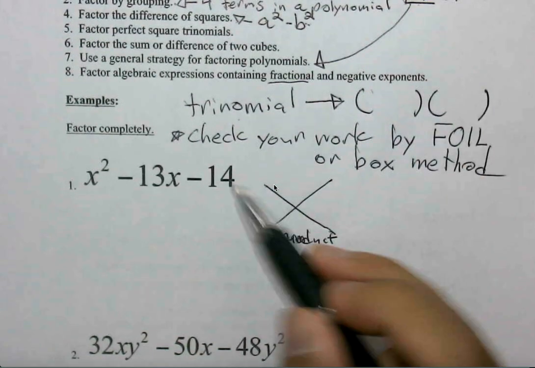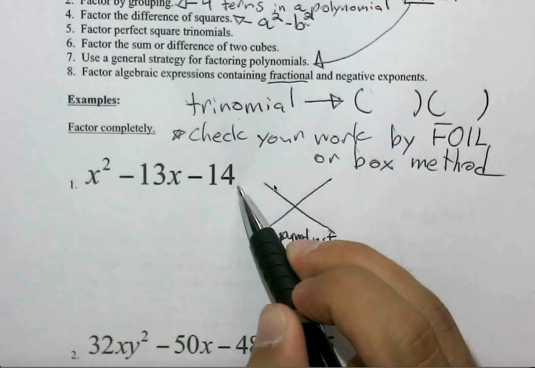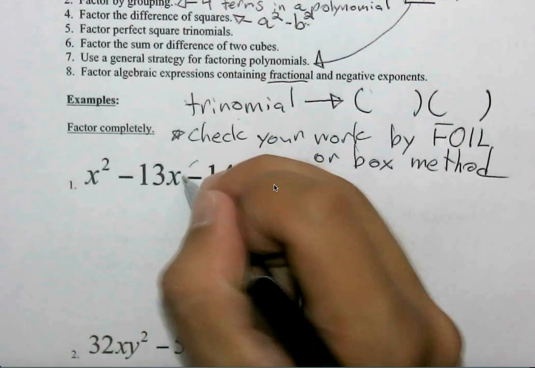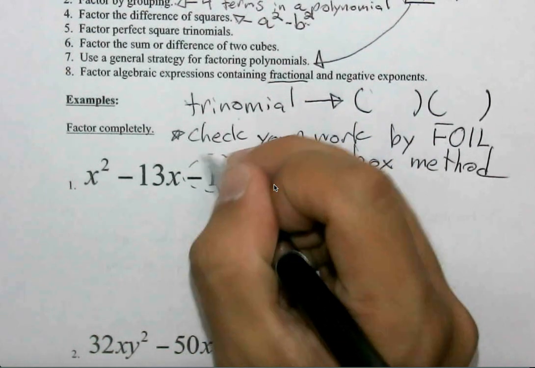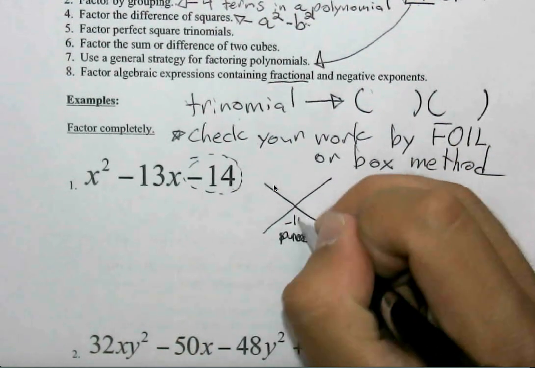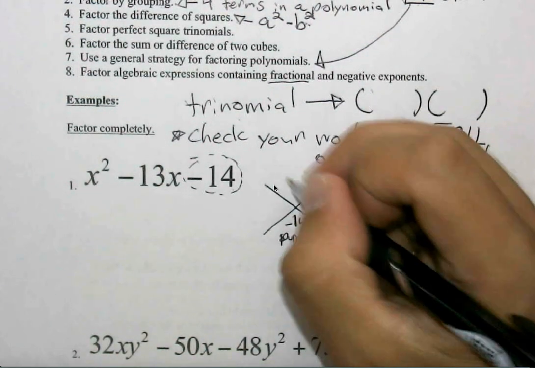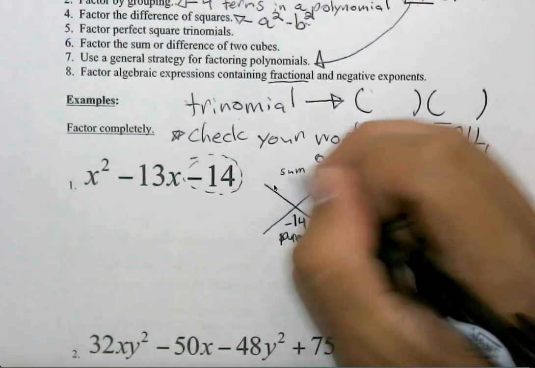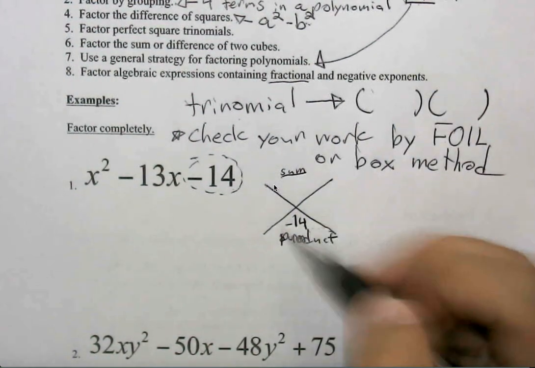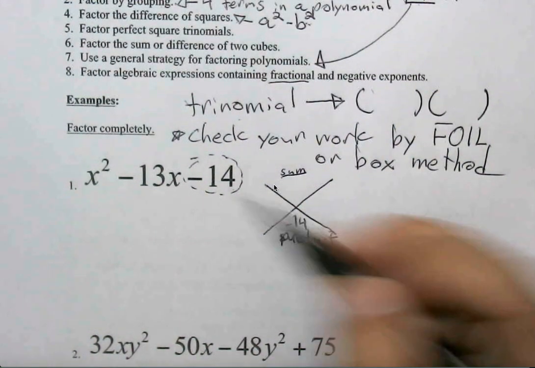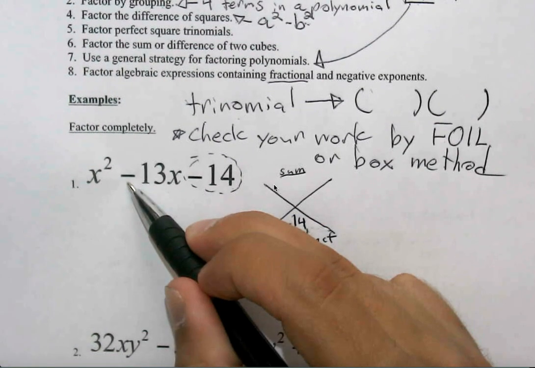So this is the very last number that we have. So in this case, the very last number we have here is negative 14. Put that there. In the middle, this is going to be our sum. So the number that the factors of negative 14 have to add up to, and that's always the middle term.